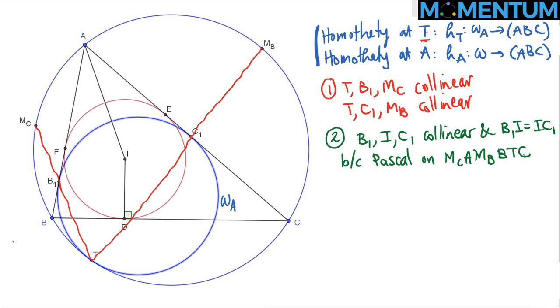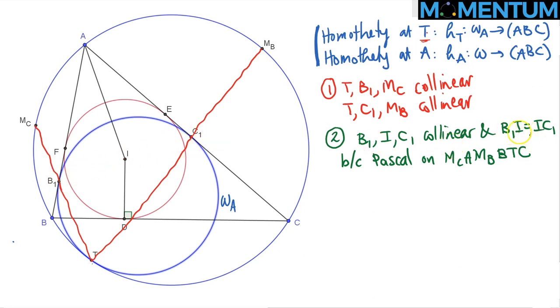I'm pretty sure I need to change the ordering here. So the idea is AB intersection MCT is B1, and MCC intersection MBB is I, and AC intersection TMB is C1. As such, by Pascal's theorem, because those 6 points are on a circle, B1, I, C1 must be collinear.